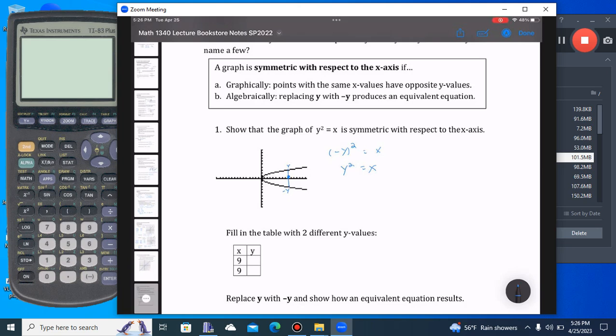So in this, if x is 9, y squared equals 9, then y is going to be the square root of 9, which would be plus or minus 3. Okay, so you get 3, negative 3.